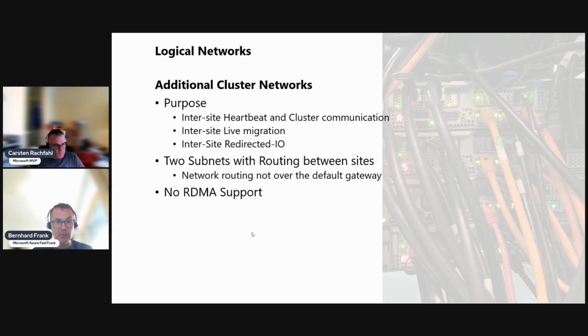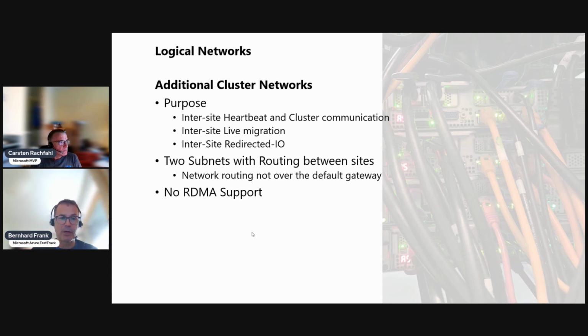So we have two of them, which will be routed together, two on each side, which makes four in total. As Carsten said, we are using a different routing switch for that.